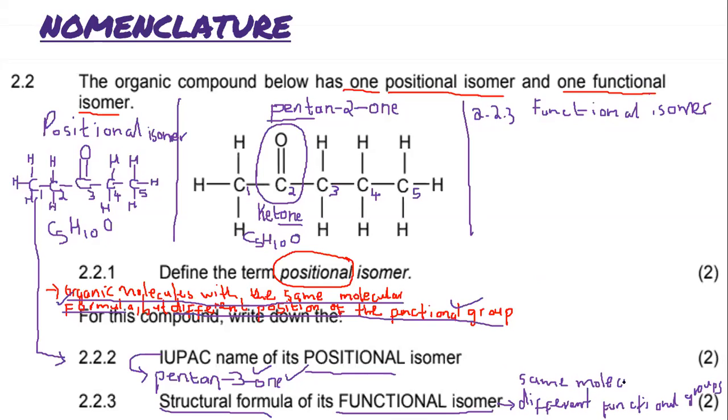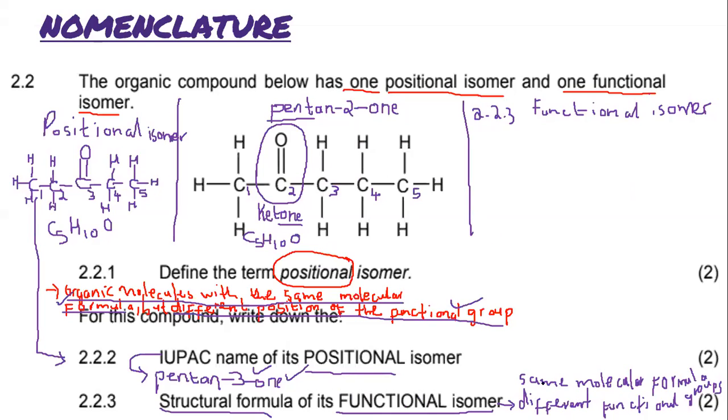So if I want to draw the functional isomer of this molecule, then I need to make sure that firstly, whatever I draw here will have the same molecular formula as this one.